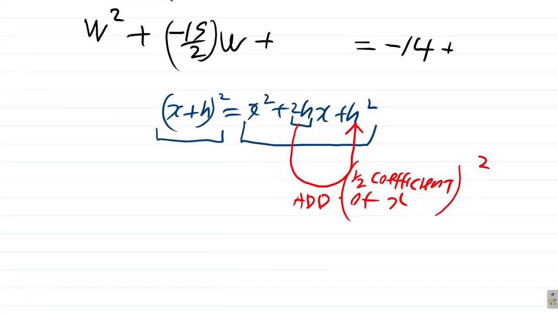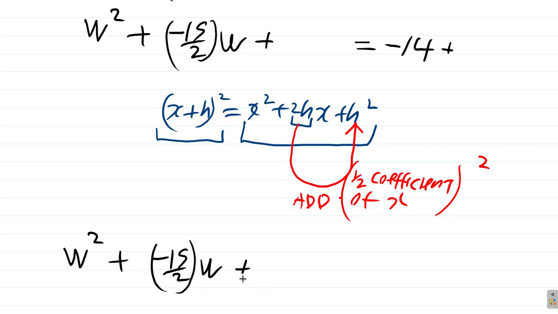Let's rewrite it here. It's w squared plus negative 15 over 2 w equals negative 14. Now what you're going to add, first of all, the coefficient of, well, in this case it's not x anymore, it's w. But x plus h is the general format when you write it like that.